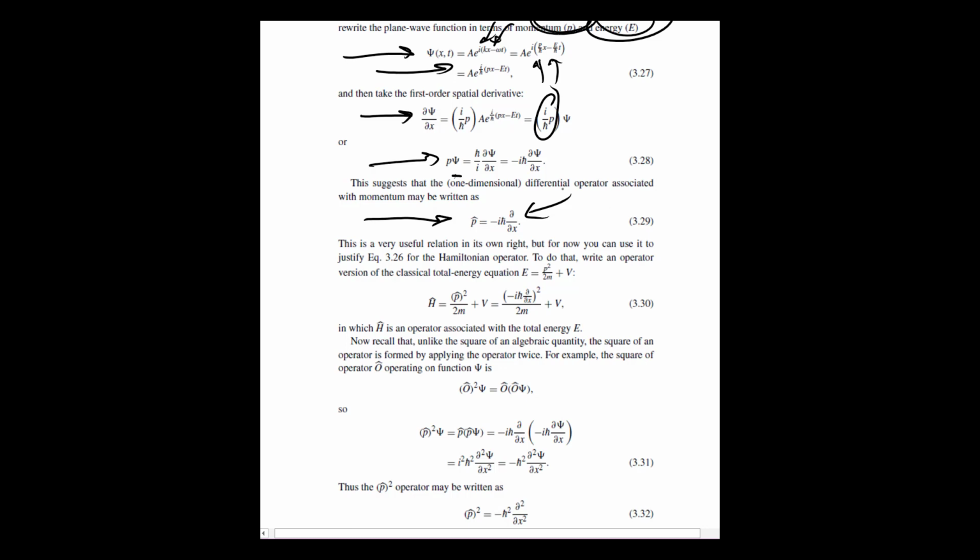If that's the momentum operator, total energy is kinetic, p squared over 2m, plus potential energy, V. So now we're going to put this in for our momentum operator. That means we get this guy squared. And to see how that makes sense, remember, when you have an operator squared, it does not mean that you apply the operator to a function and then square the result. It means you operate on the function and then operate again on the result.